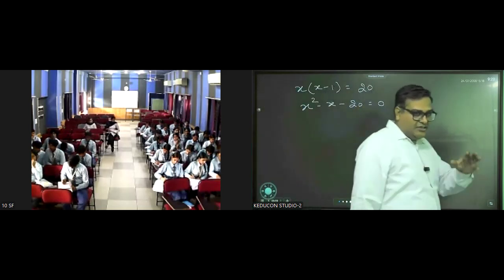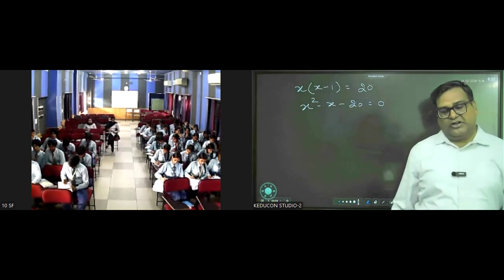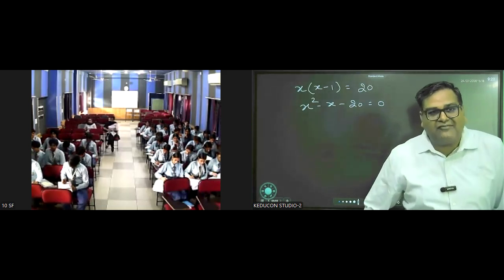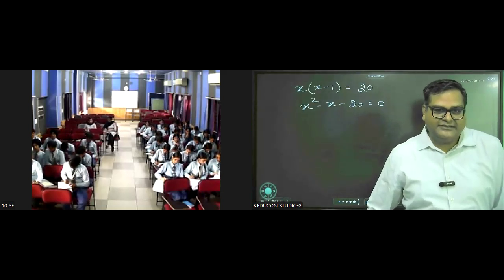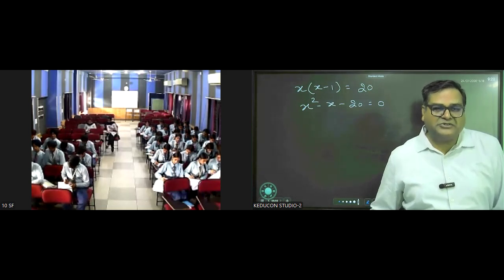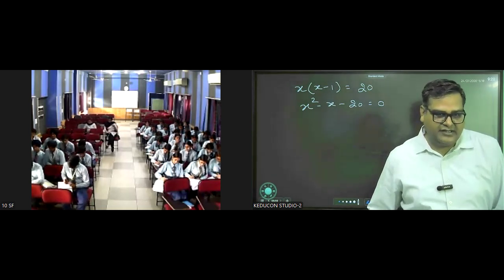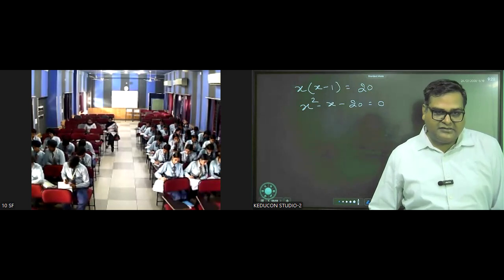Have you understood, bacho? Have you understood or not? So students, in the word problems, first of all, you have to make the equations, right? Then later on, think about whether it is a question of quadratic or linear, right?